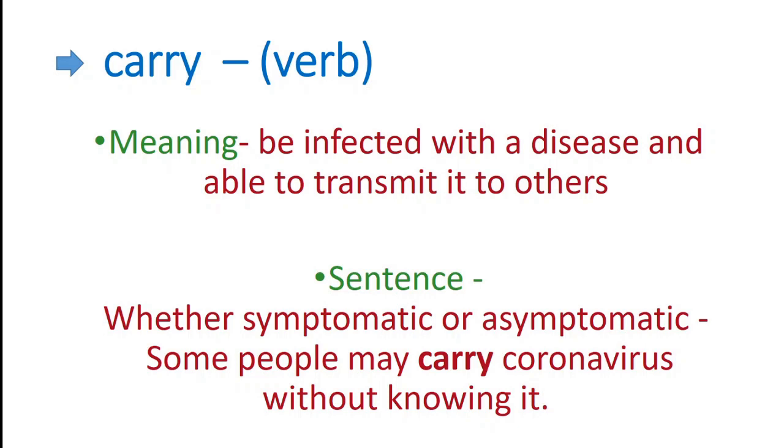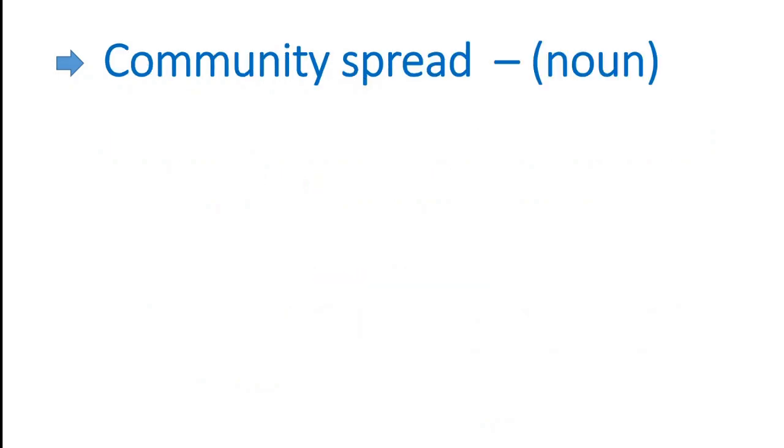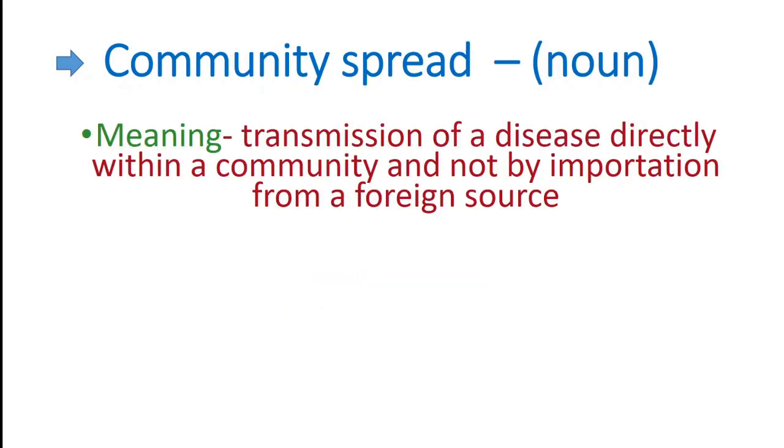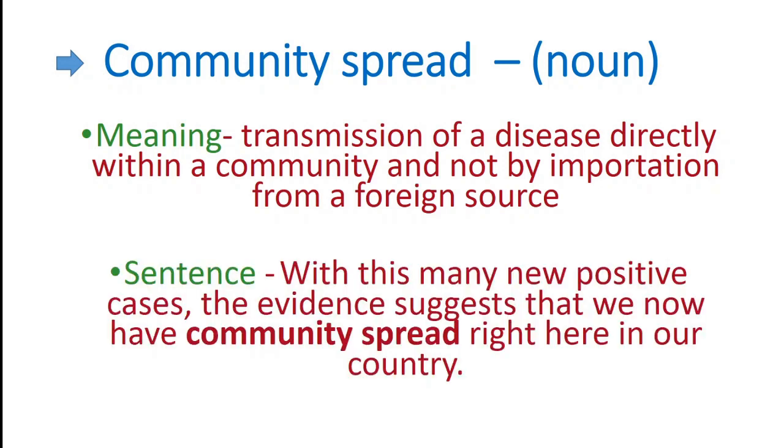Community spread, noun, meaning transmission of a disease directly within a community and not by importation from a foreign source. Sentence. With this many new positive cases, the evidence suggests that we now have community spread right here in our country.